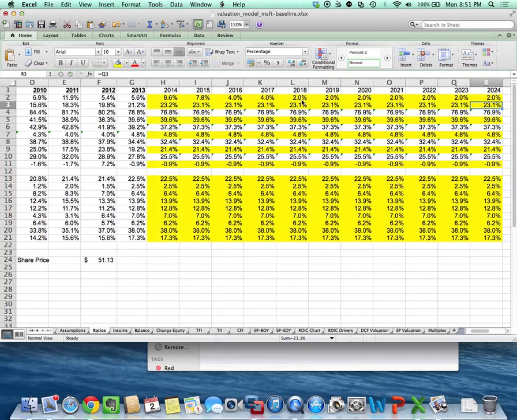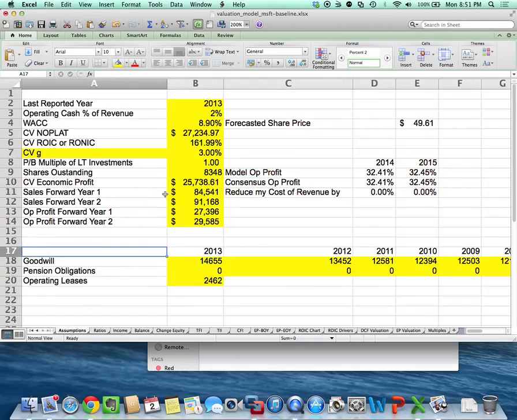All right. Well, let's say you get down to 2. Here's another thing, and let's say you can get down to 0 growth. Another thing that we didn't previously talk about is on the assumptions tab, we have a long-term growth rate, which is what the company is going to grow at in the long term, CVG.